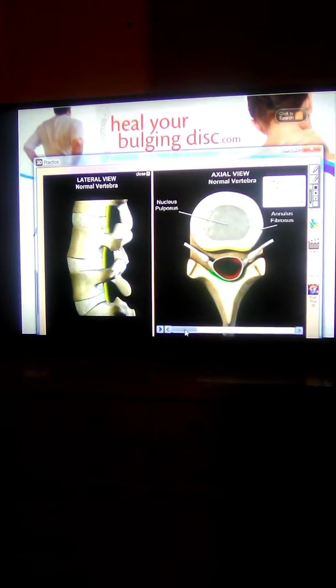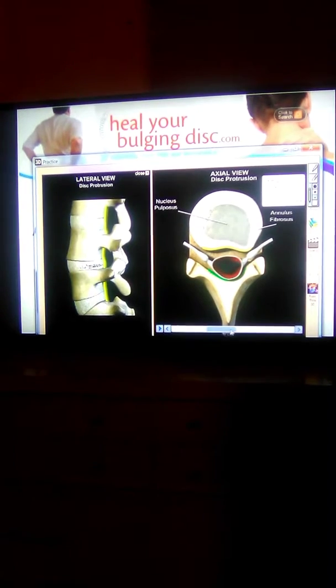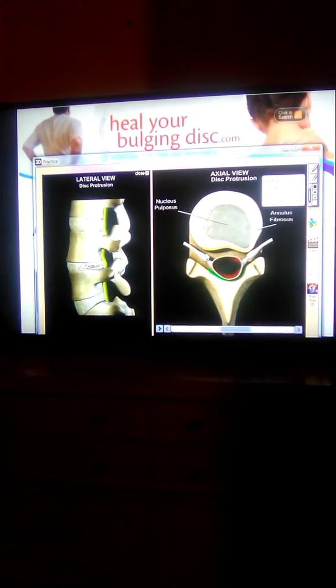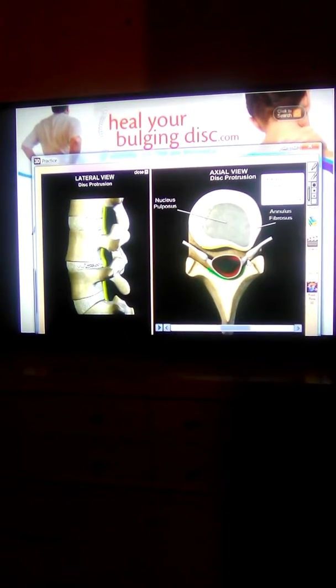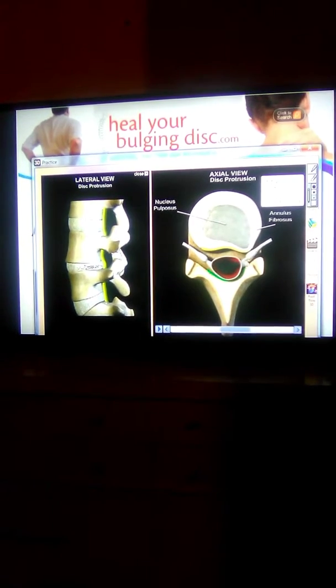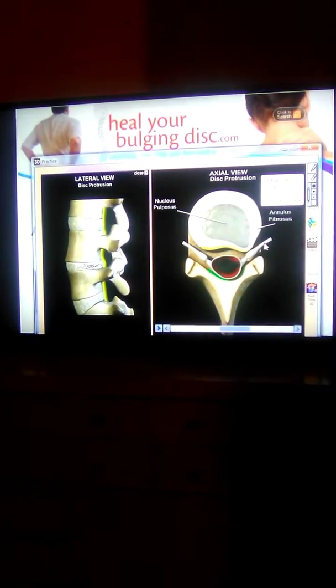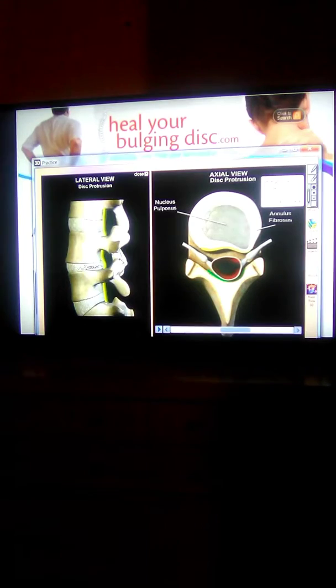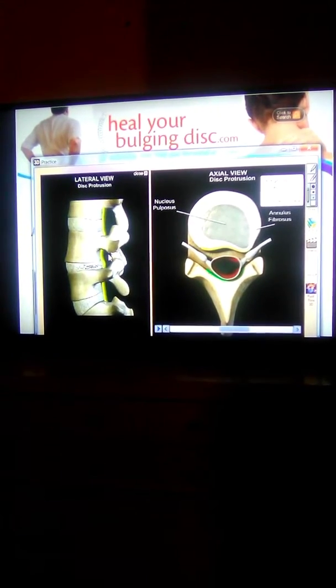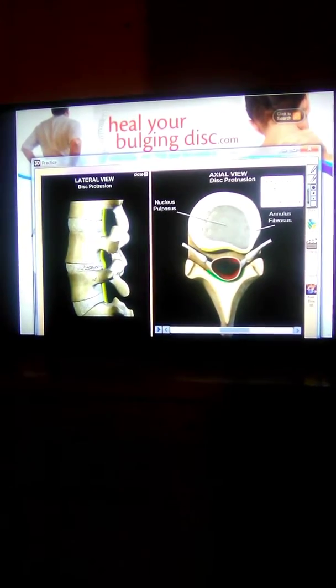Now, remember in the picture on the right, I was showing you how with the bulging disc and the herniated disc and all that, it puts pressure on the nerve so that you start to have symptoms. Well, a degenerated disc is going to do the same thing, except if you look at the picture on the left again, this opening here between the bones, that's where the nerve is exiting. And as the disc gets flatter and flatter, that opening is going to compress.